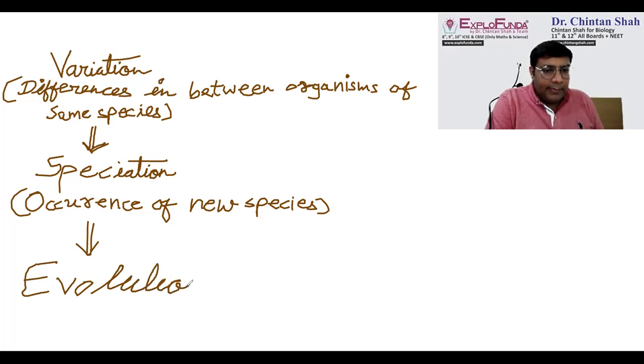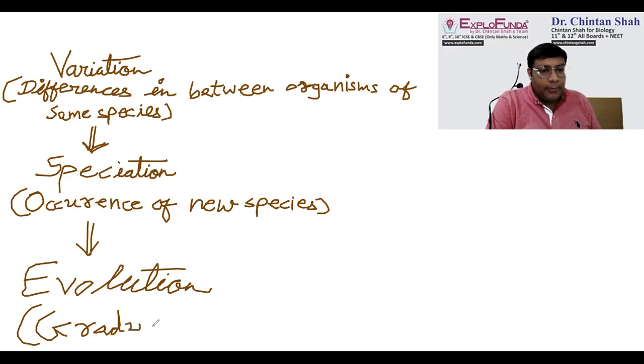You want to write down this? Please write it down and get it done as soon as possible. And what I believe evolution is what? Some gradual changes taking place.